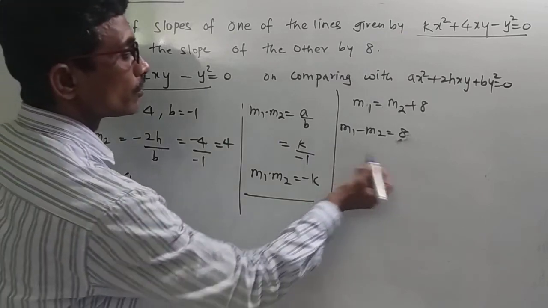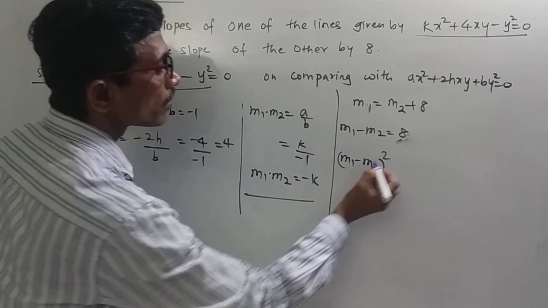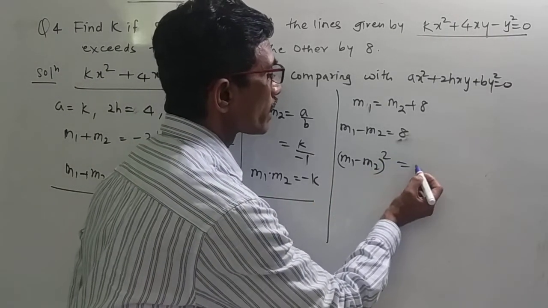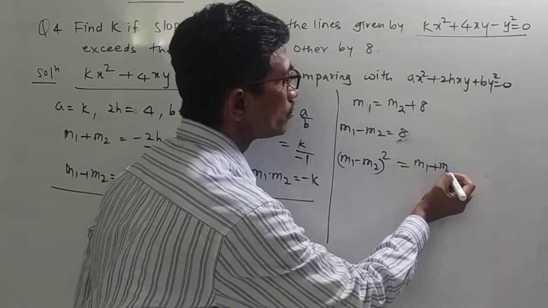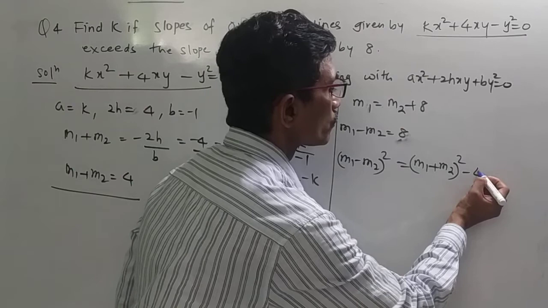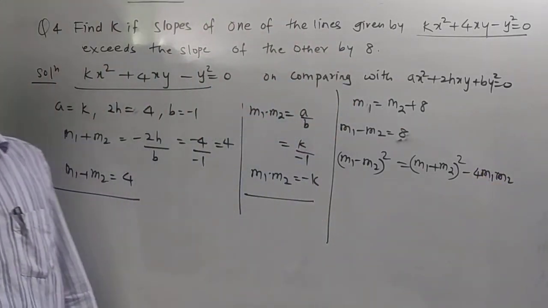And we know m1 minus m2 whole square we can write as an identity: m1 minus m2 whole square is equal to m1 plus m2 whole square minus 4 m1 m2.